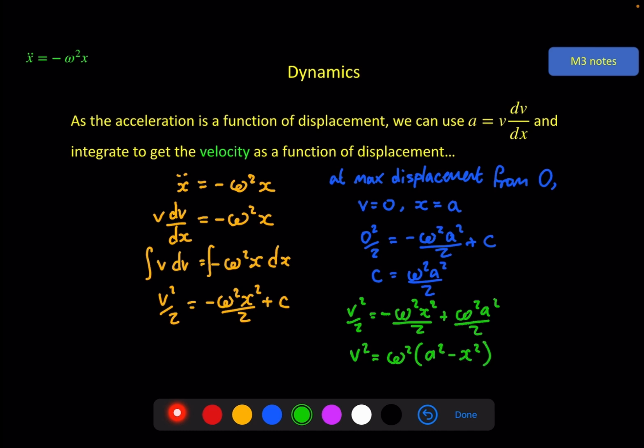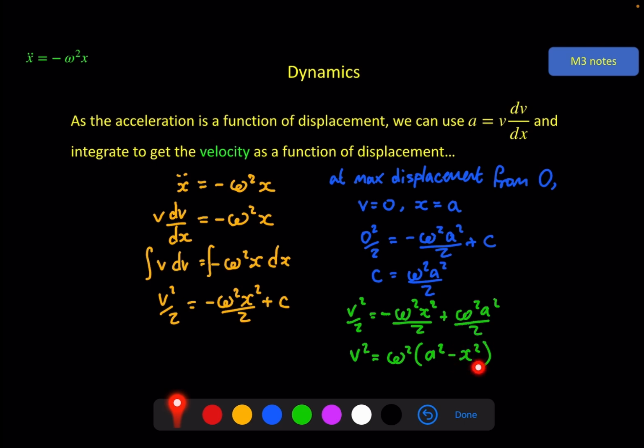So this is a function for the velocity of the particle with its angular speed omega, whatever that is based on the situation we've got, times the maximum displacement, and that will be given to you in the question, or something that you find in the question, minus the displacement from O at the point you're looking at.